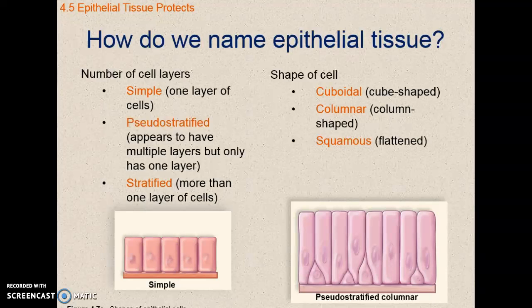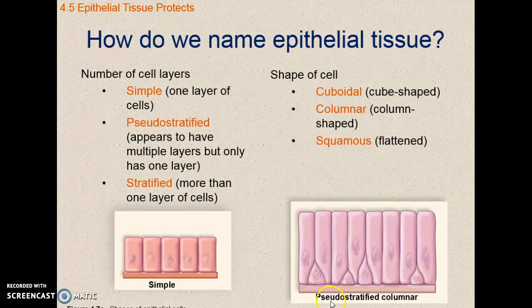Then you can also classify them by shape, whether they're cuboidal, cube-shaped, columnar, column-shaped, or squamous, which is flattened. And you're going to have a combination of these two. You can have simple cuboidal or simple columnar, which means you would have one row of cuboidal cells.